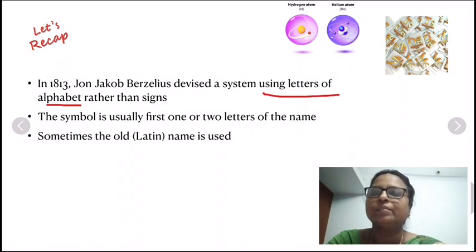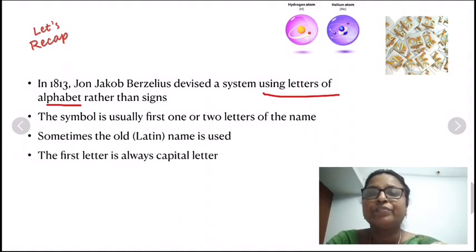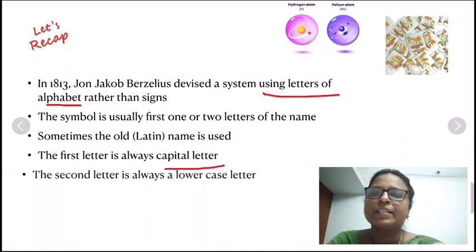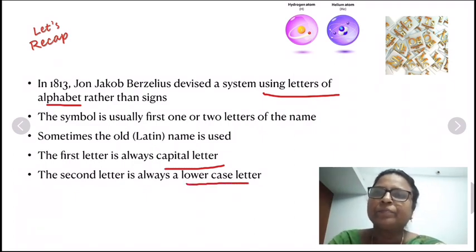Sometimes the old, that is Latin, name is used as a symbol. Then the first letter is always a capital letter, and the second letter is always a lowercase, small letter.